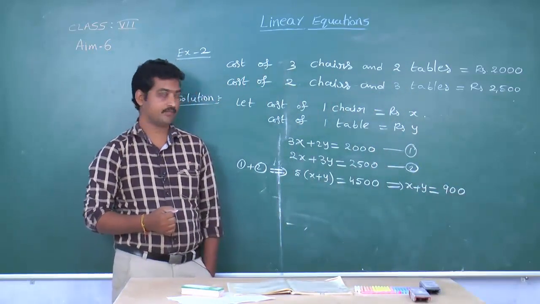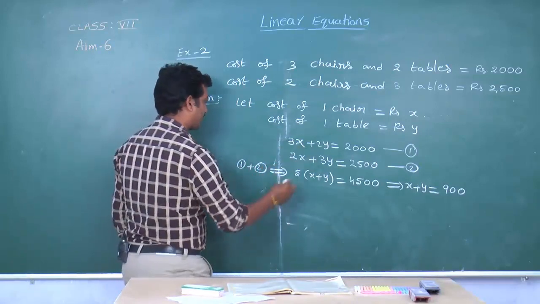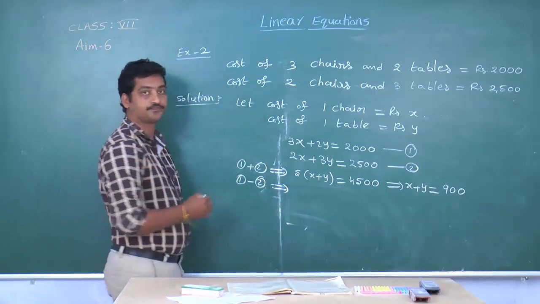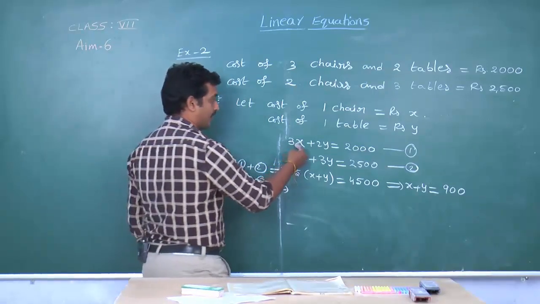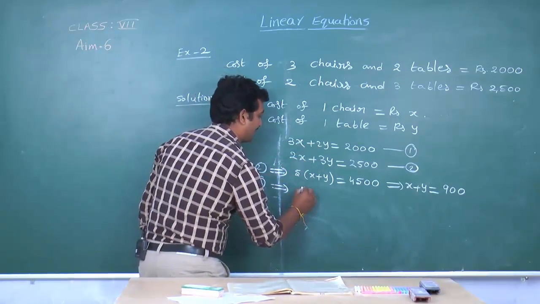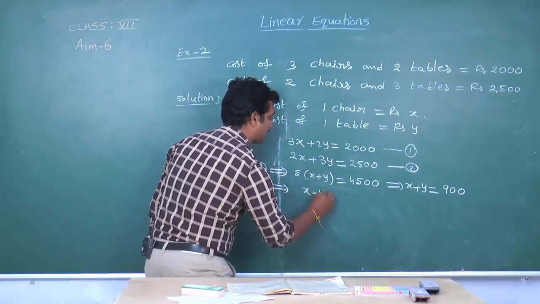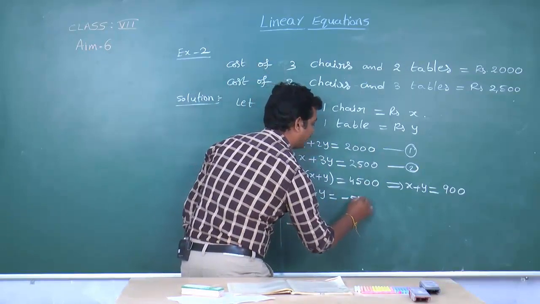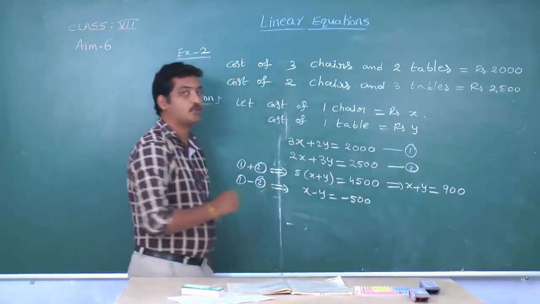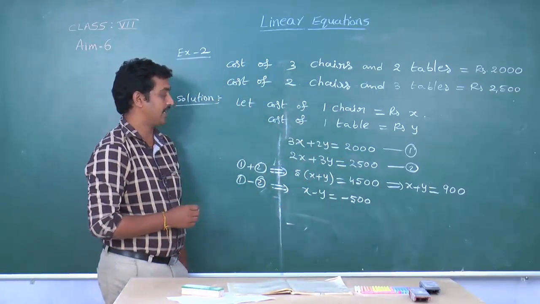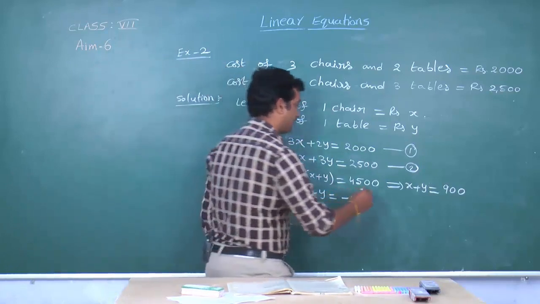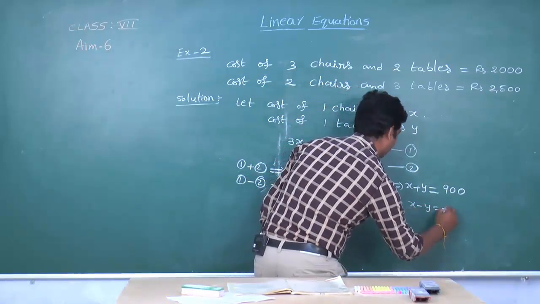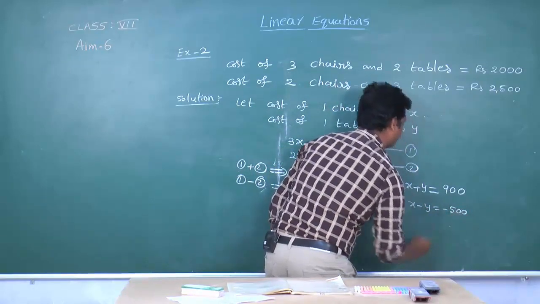Now subtract 1 from 2, then we get 3x minus 2x, that is x, minus y, is equal to 2000 minus 2500, which is equal to minus 500. That implies x minus y is equal to minus 500.